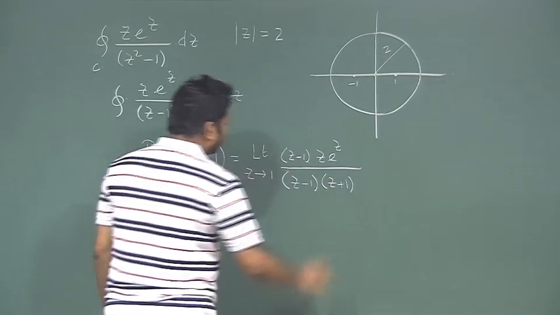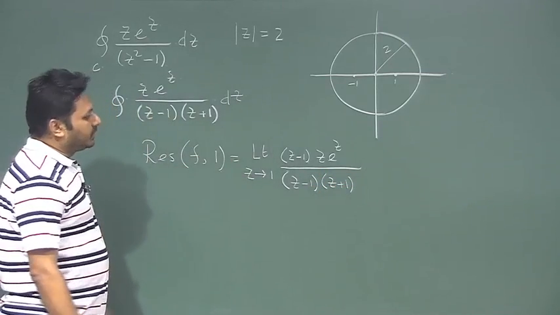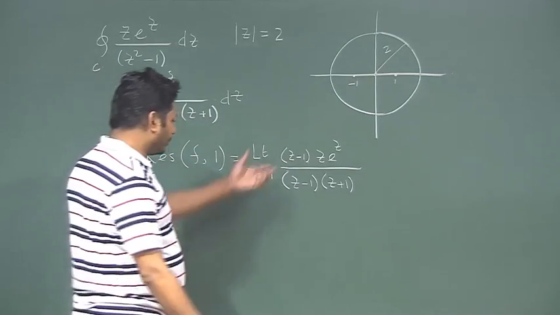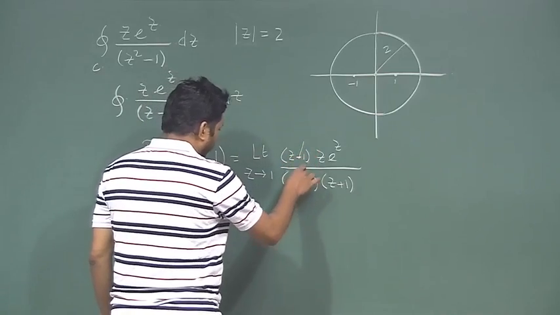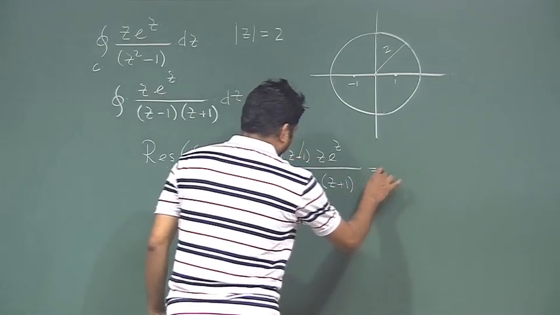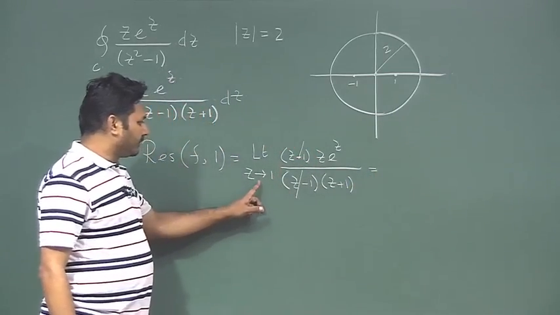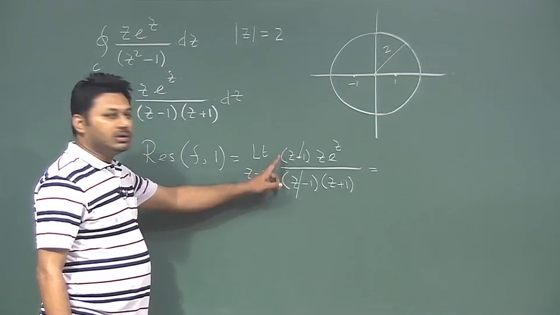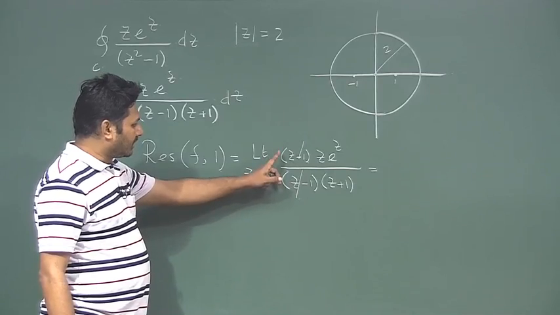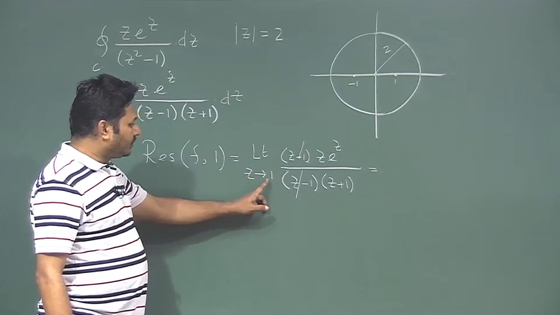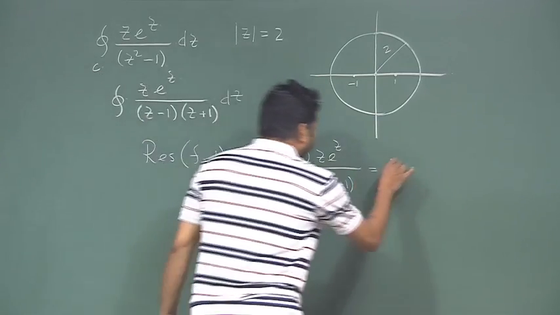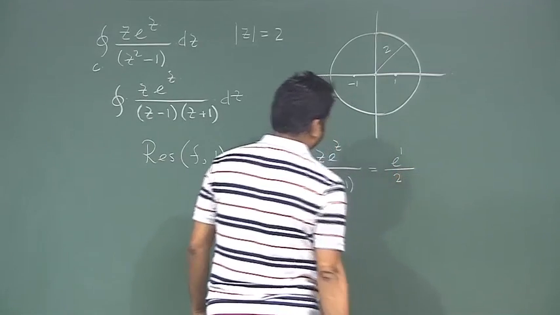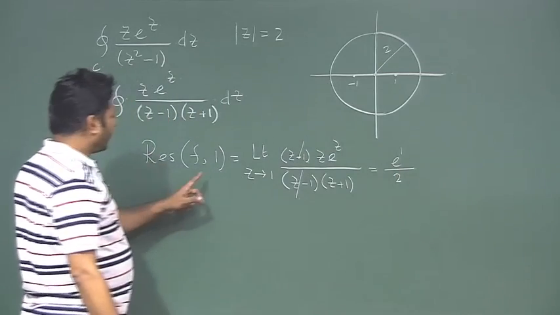I am doing all these steps meticulously so that you can understand, but when you are familiar with this, you do not need to do these steps, you can directly find your result. Here the z minus 1 terms will cancel, and then I just put z equal to 1. So, it will be e to the power of 1 divided by 2. This is my first residue at point 1.